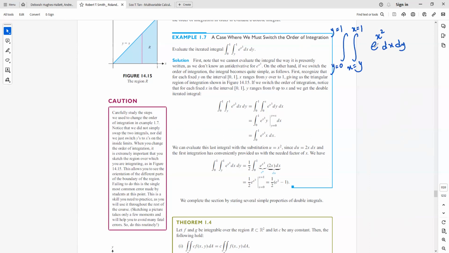Now, the difficulty is that the function e to the power x squared is not suitable for integration with respect to x if we don't have the derivative of the exponent, x, alongside the exponential function. If we had that x here, we could easily integrate it, but in this case it is not present.